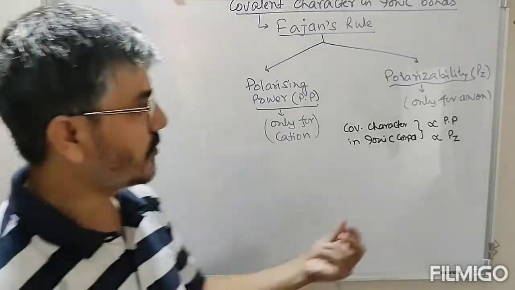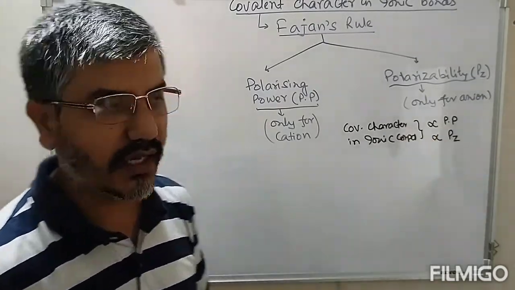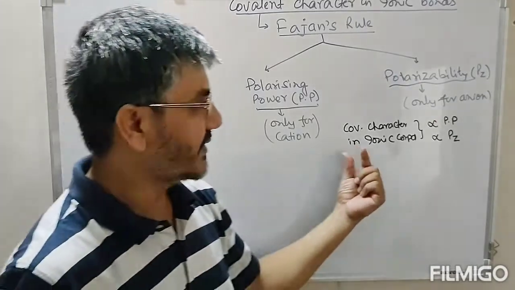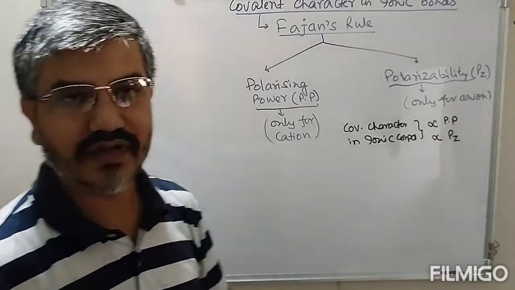So greater is the polarizability of anion, more will be the covalent character. Greater is the polarizing power of the cation, more will be the covalent character.